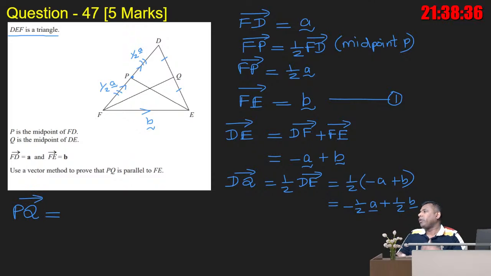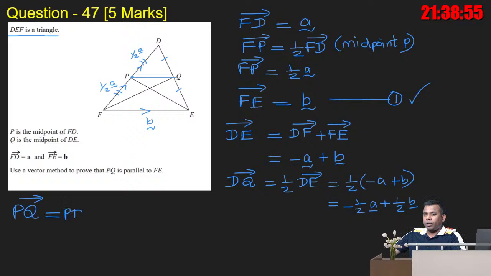Why am I going for PQ? Because PQ is the question. PQ is parallel to FE. FE, I already have an equation. PQ, I'm trying to do. So you can connect the PQ with a straight line. So we are going to find out what is the PQ vector.